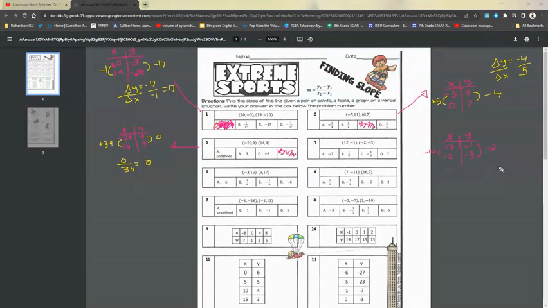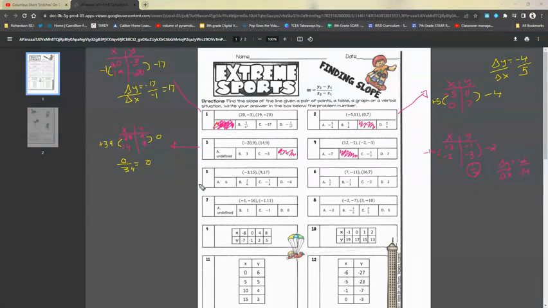So I have my change in y, which is -2, and my change in x, which is -14. And that will simplify down to 1 over 7. And that will be my slope. So that's what I'm going to color in.